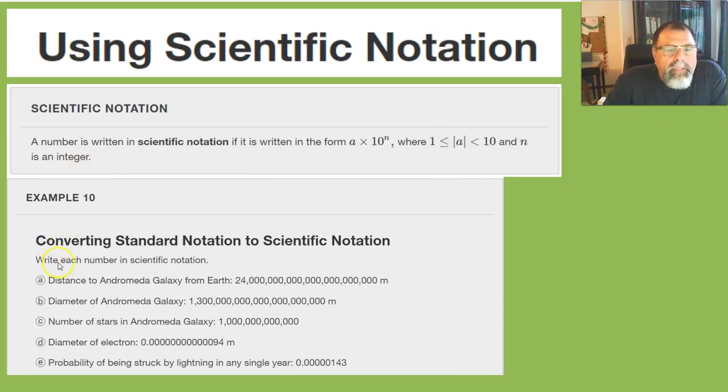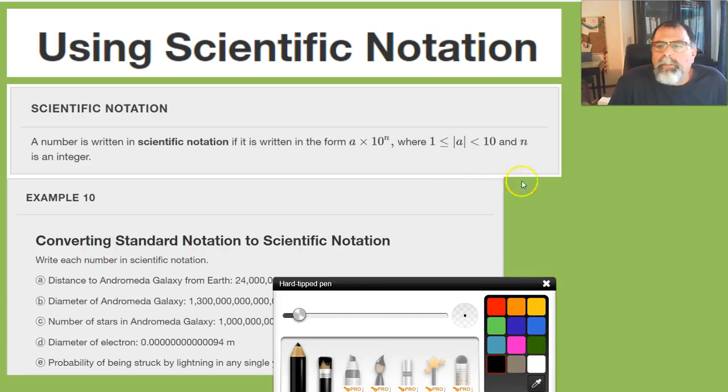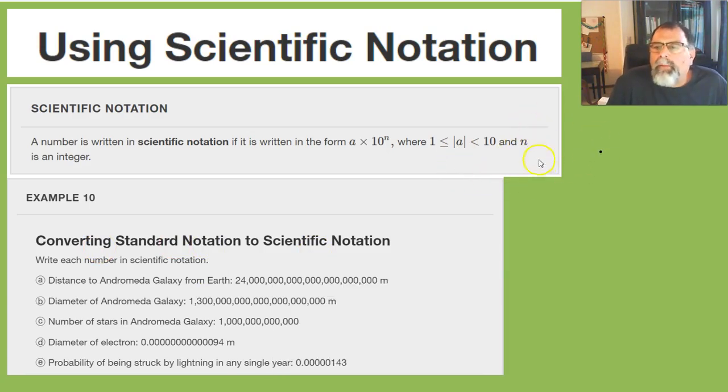All right, so example 10, convert to standard notation. The way that I do it is, we should know that when you multiply by 10, if I had 5 times 10, that gets you 50, right? So the decimal place moved 1 place. 10 to the 3 is the same thing as 1,000.